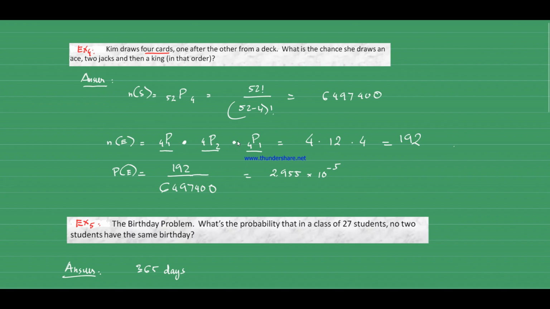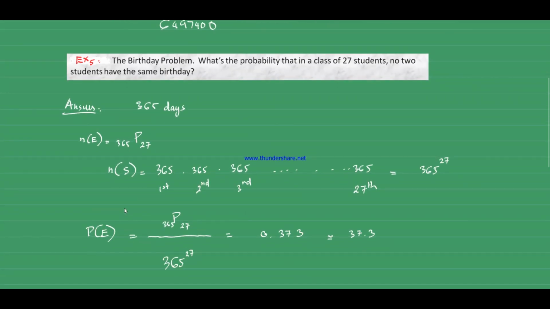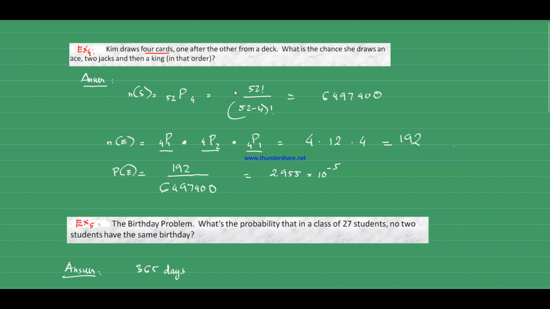I just want to look at the example of a file over here, because I'm afraid that some of you may have the question, why do we have to calculate the sample space like this instead of this? Well, the answer is, look at this. This one we want to pick 4 cards, one after the other. They already have an order, so you have to use the permutation over here.